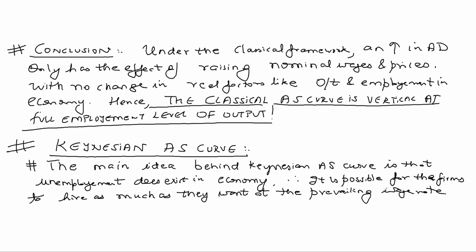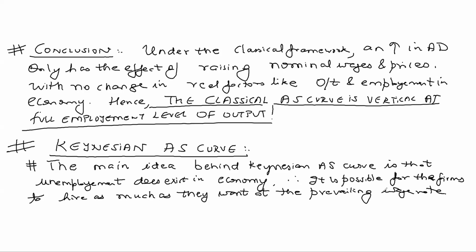So in the Keynesian economy, firms do not need to increase the wage rate because they know that unemployment exists in the economy. Since unemployment exists in the economy, who has the bargaining power? The firms, not the workers.